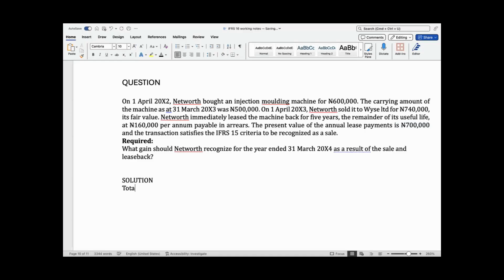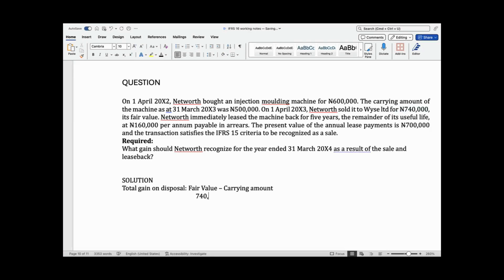First, we will get our total gain on disposal, which is the fair value of these assets minus carrying amount of these assets. And the fair value of these assets, how much did they sell the assets? He sold it for 740.